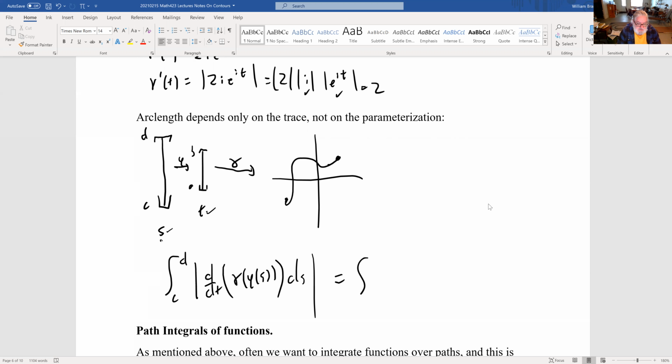But that is, using the chain rule, gamma prime of phi of s times phi prime of s ds.